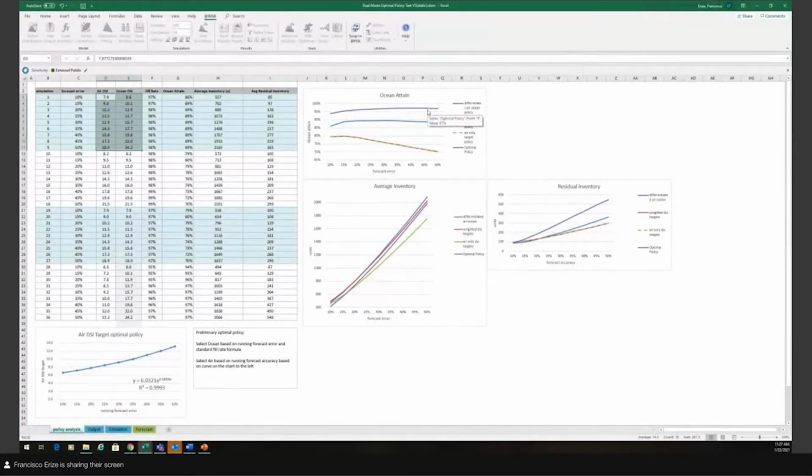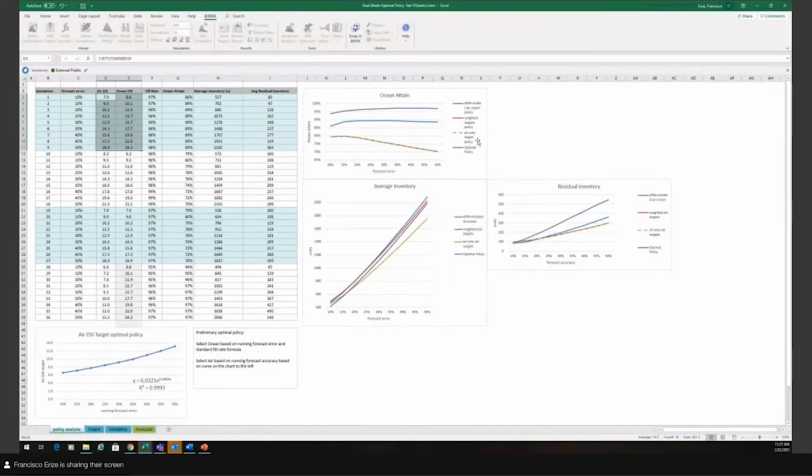Because as I mentioned, the difference for bringing a box in the ocean versus bringing it in the air could be, I don't know, it's a lot. It could be like 12 or 13 bucks per box, which is dramatically high compared to what it costs you to hold a unit in inventory for an additional day, when you look at the financial cost, which is the right way to look at it.